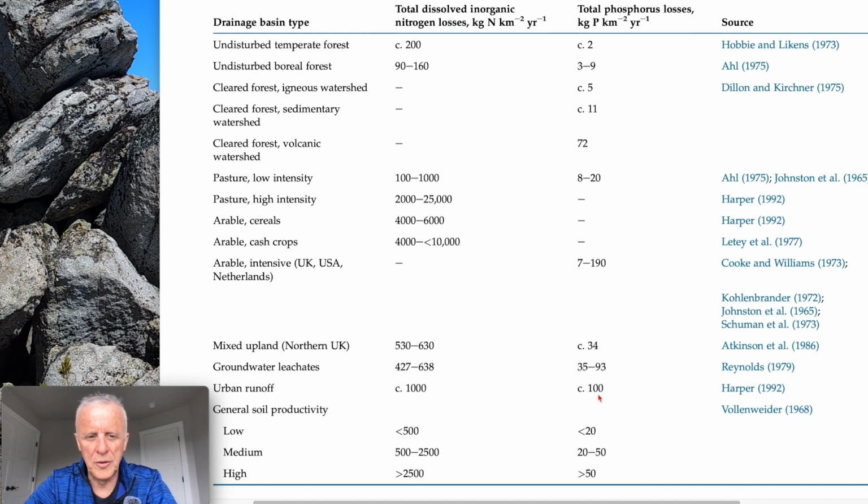On the lower end of the spectrum, we have undisturbed temperate forest. And undisturbed boreal forest actually has higher loss than undisturbed temperate forest, which is somewhat inverse to what's going on with the nitrogen.